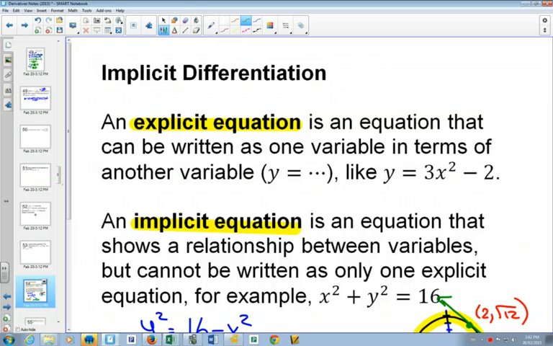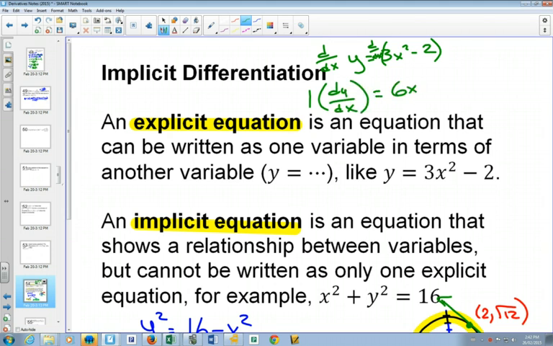Okay? If we take y equals 3x squared minus 2, and we took d dx of everything. If we first think of just y, what's the derivative of just y? It would be 1. And then we did the chain rule. What's the derivative of the inside? dy dx equals 6x.